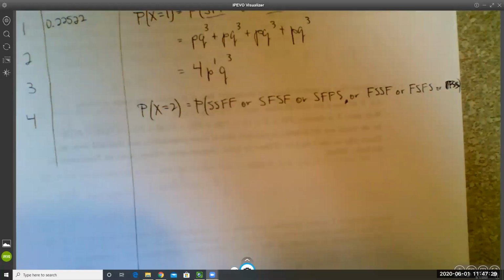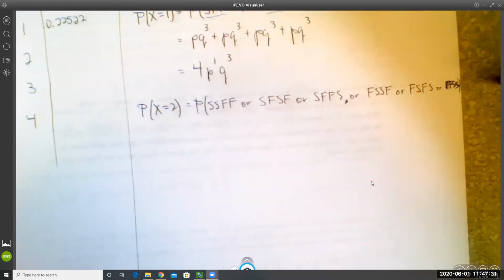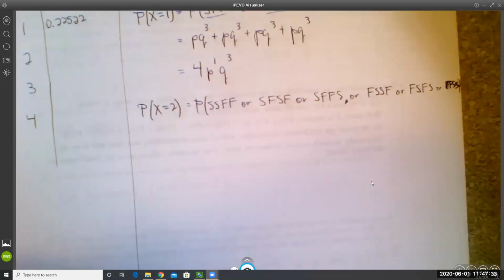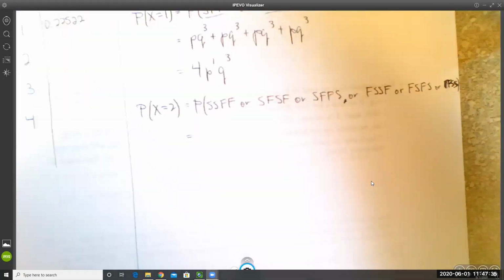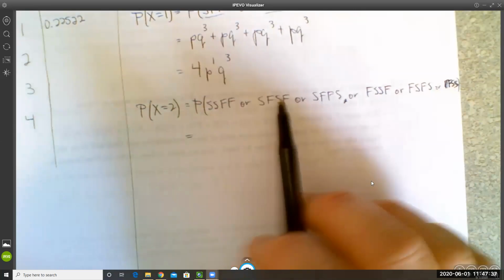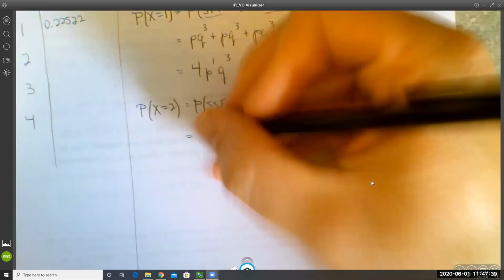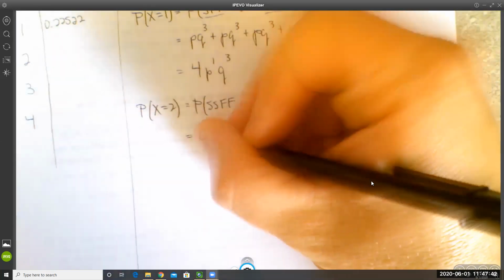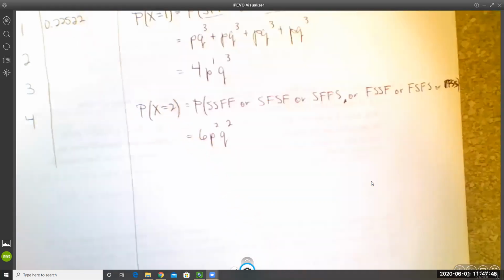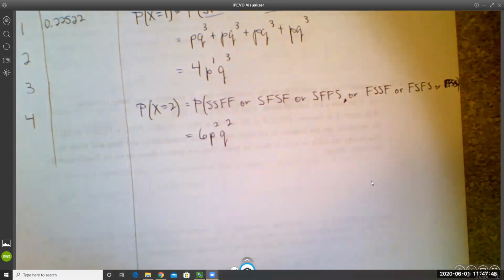Sorry about that. It cut out there for a second. Anyway, so there are 6 ways that this can happen. Again, we notice that they're all just copies of the same thing. Really this boils down to 6 times 2 successes times 2 failures, so 6 times p squared times q squared.